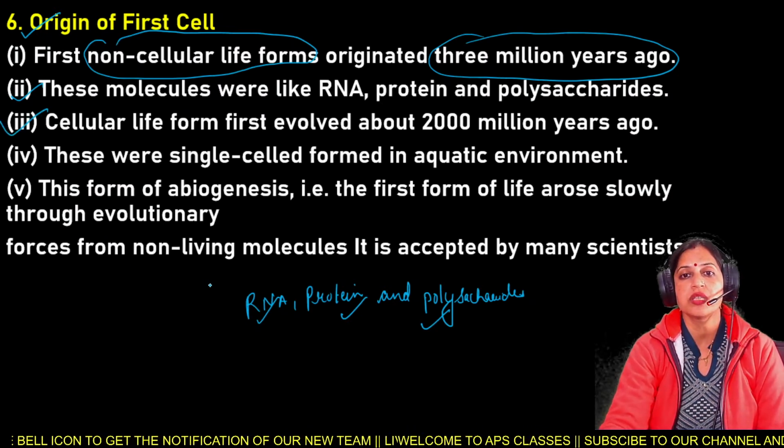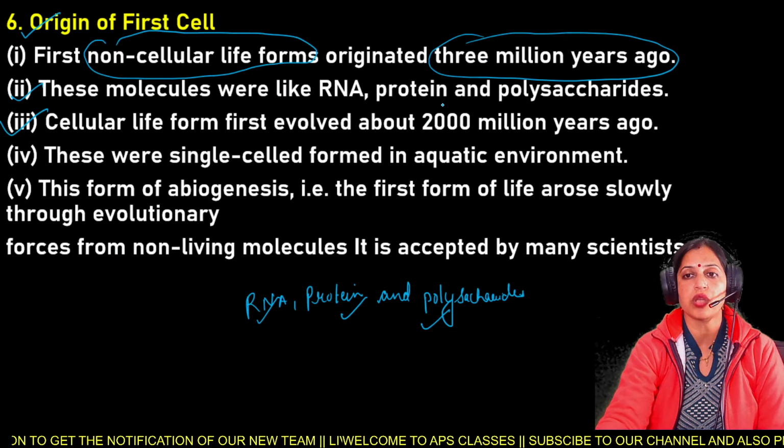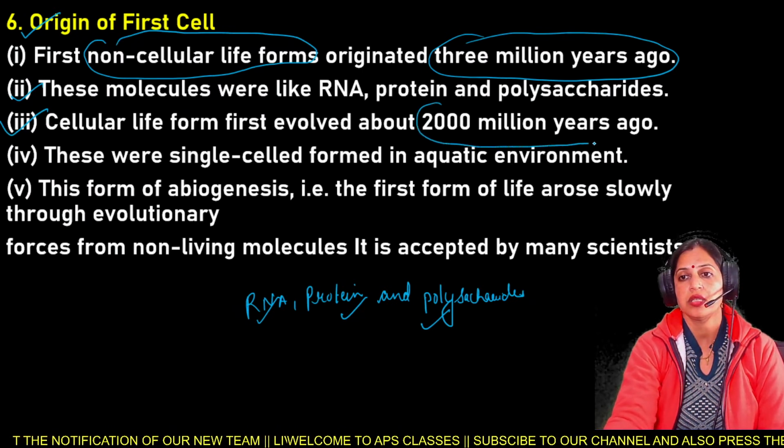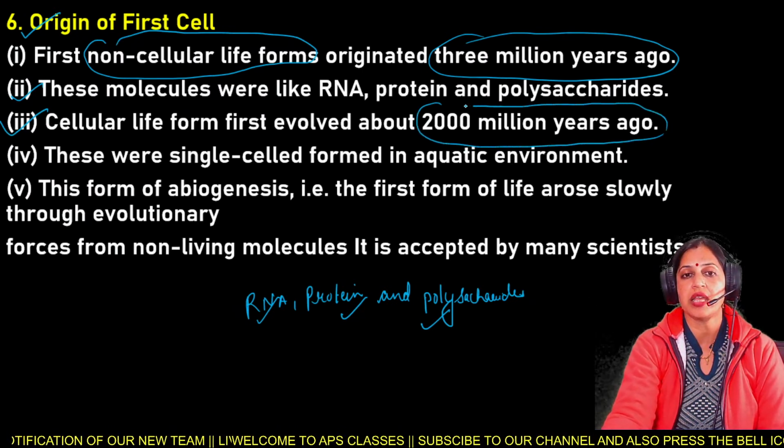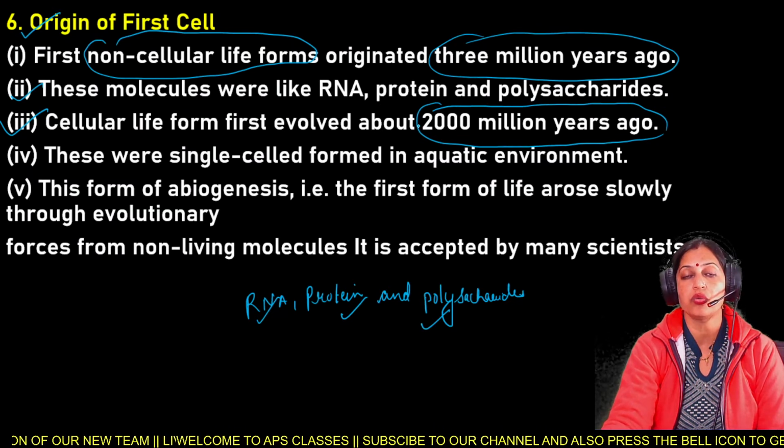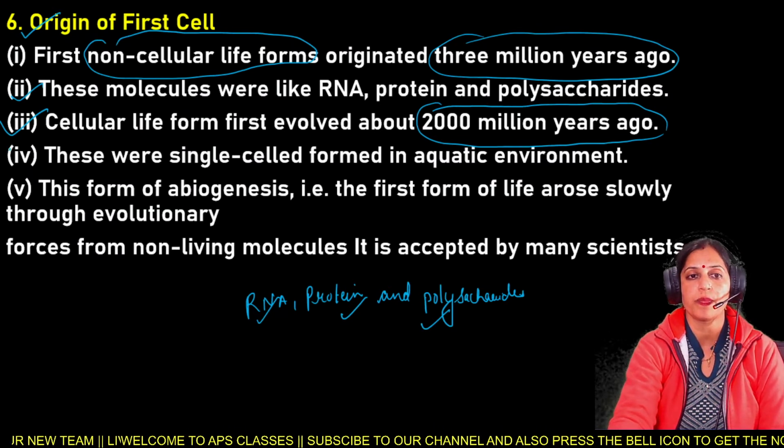Cellular life forms first evolved about 2000 million years ago.